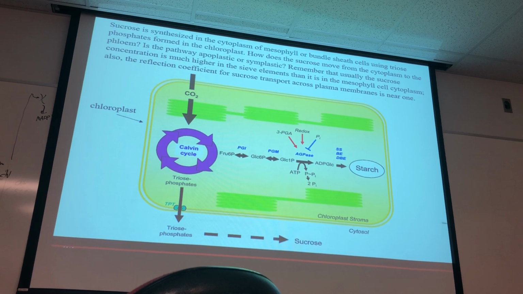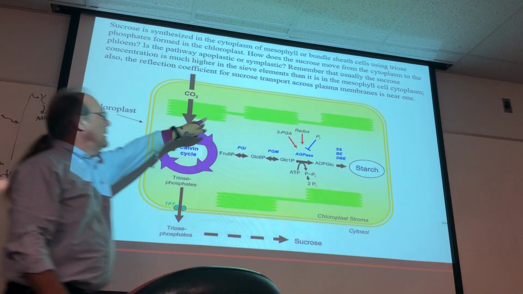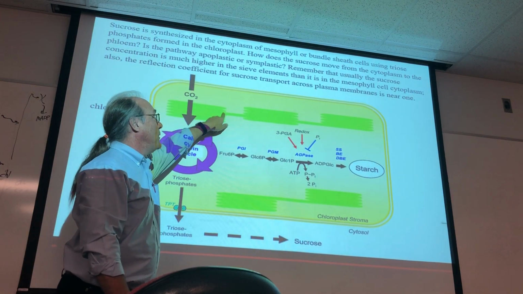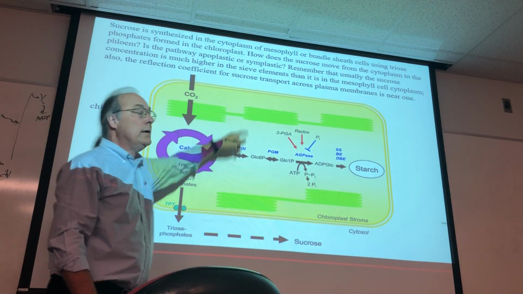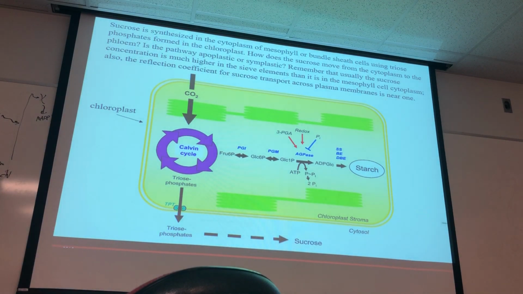This requires a photon, or a few photons actually, as this did. So this is happening in the thylakoid membrane, actually across the thylakoid membrane. These are called the light reactions of photosynthesis, the electron transport reactions.